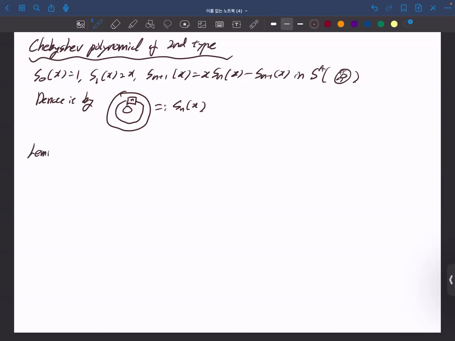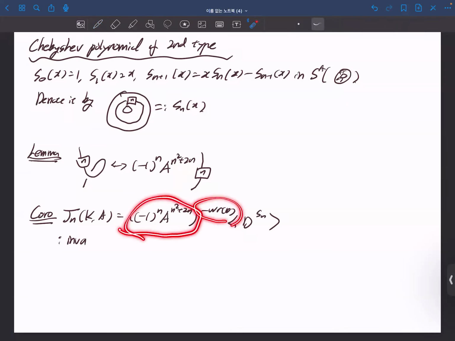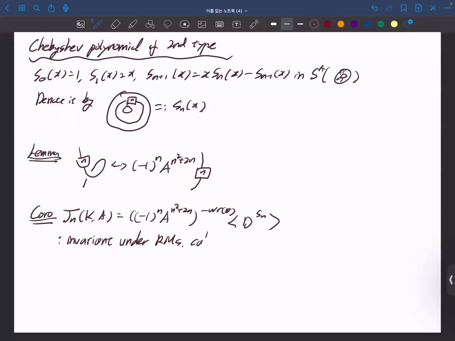Then, as a lemma, for Reidemeister move 1, it satisfies such an equality, and as a corollary, if we define J_n(K) by using S_n multiplying some coefficient with writhe, then this is an invariant under Reidemeister moves, which is called the nth colored Jones polynomial.